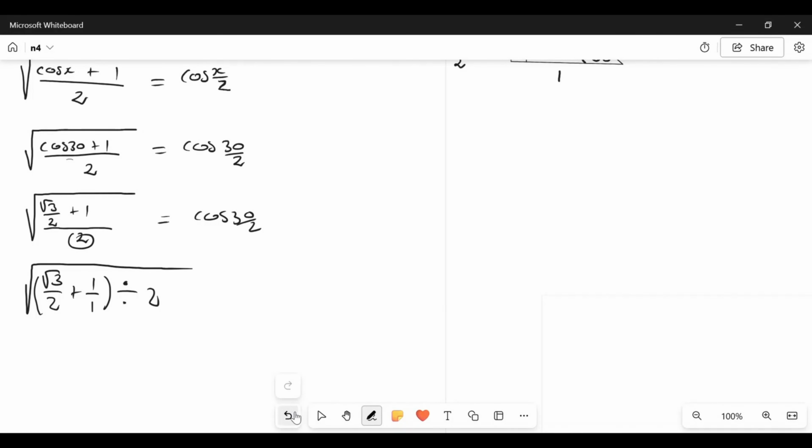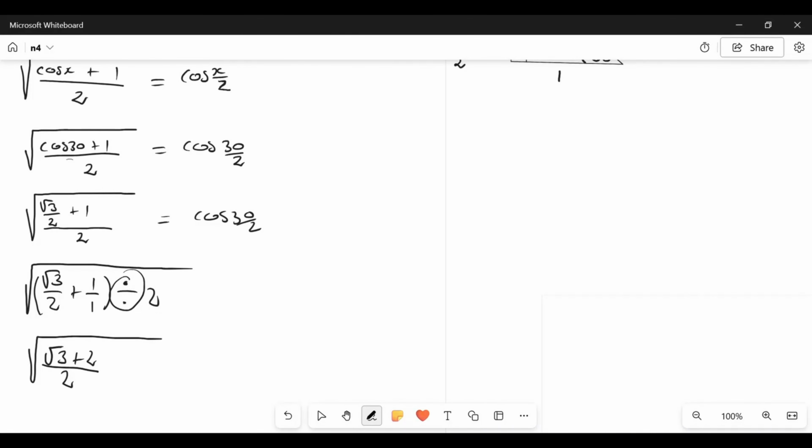I just decided to write the 2 like this. So we have to find the common denominator on the first bracket. So let's find the LCD. We're going to have 2 there. 2 into 2 is 1, multiplied by root 3, this is going to give us root 3. There we go. Plus 1 into 2 is 2, multiplied by 2, that is going to give us 2.